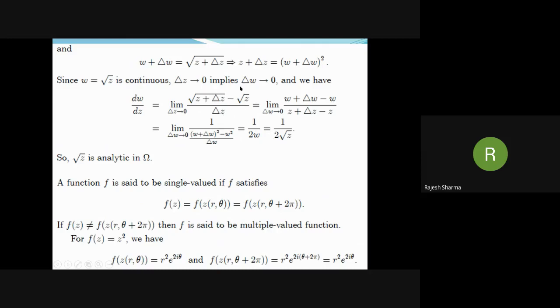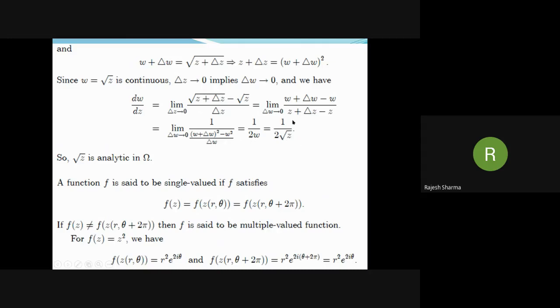Now substitute values here. We have this equal to w plus delta w minus w, and write delta z as z plus delta z minus z. Now this w cancels out, and we take this delta w in the denominator of this part, and write z plus delta z as w plus delta w whole square, and then minus w square. And what is this? This by definition is just the derivative of w square, which is 2w, and w is root z.